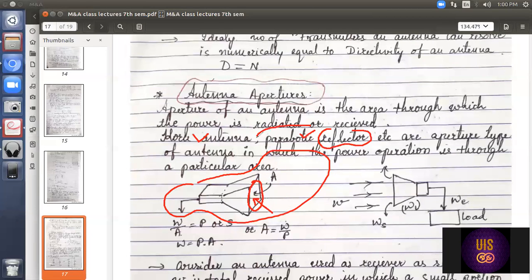Parabolic is the shape of that antenna. Reflector is the term we use for an antenna, so a reflector is nothing but an antenna. Both are interchangeable sometimes. So these are the horn antenna and parabolic antenna, and there are a few more antennas. These are examples of aperture type antennas, wherein that area is very important for the operation of the antenna.